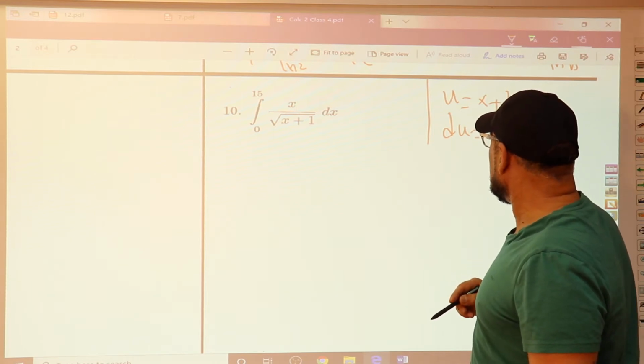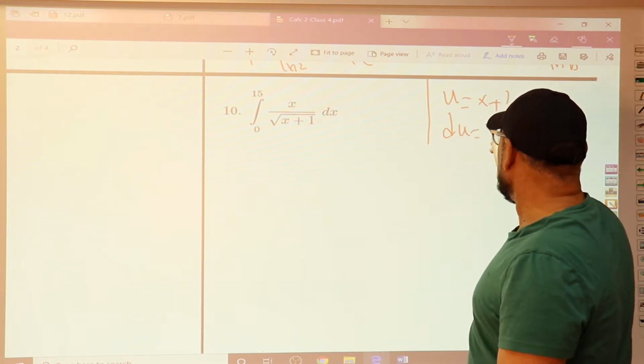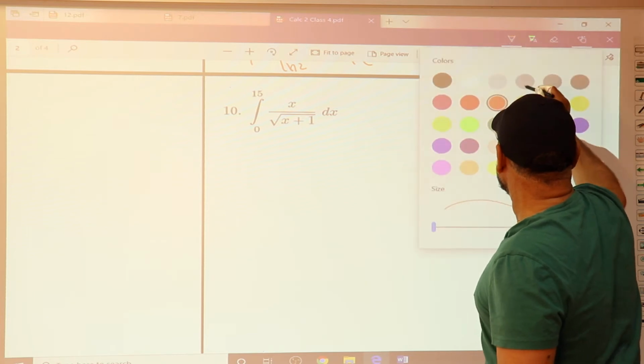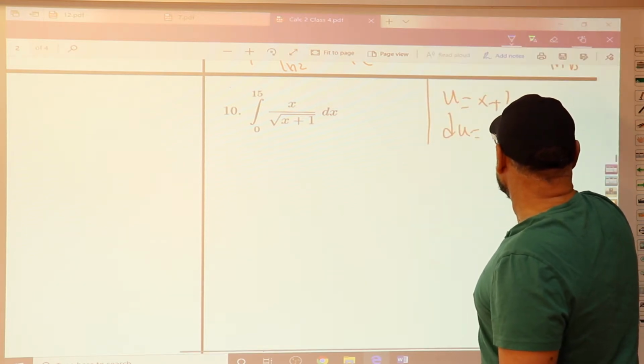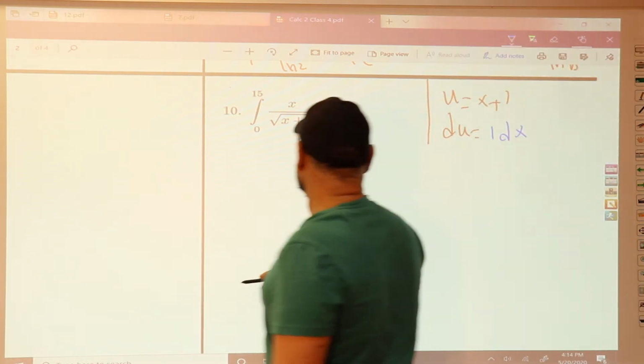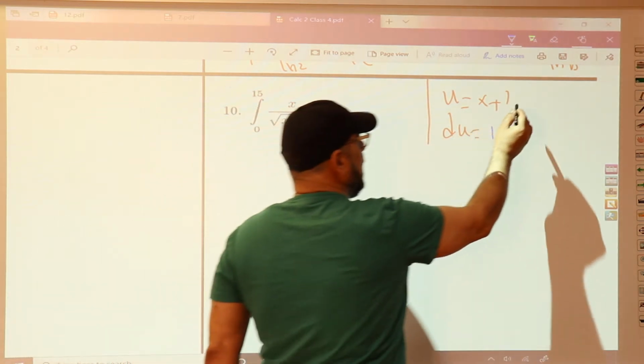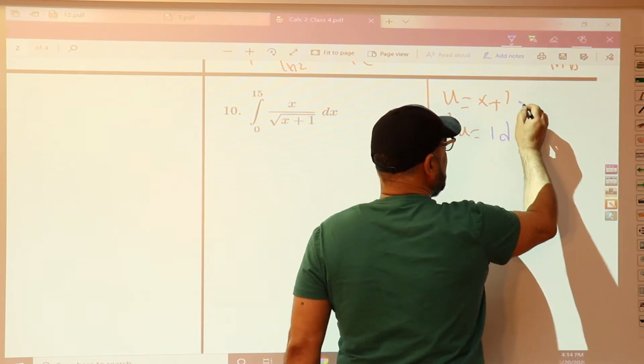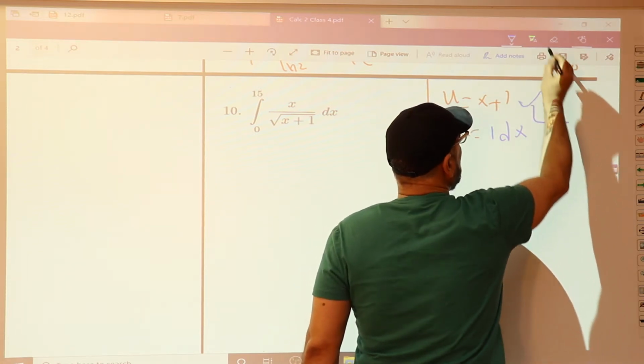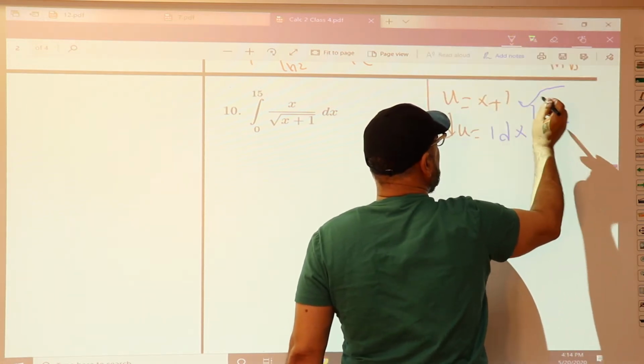Okay, du is what? dx, because the derivative of x is 1 dx. Now, forget the limit. If you want, I can change the limit from the beginning.